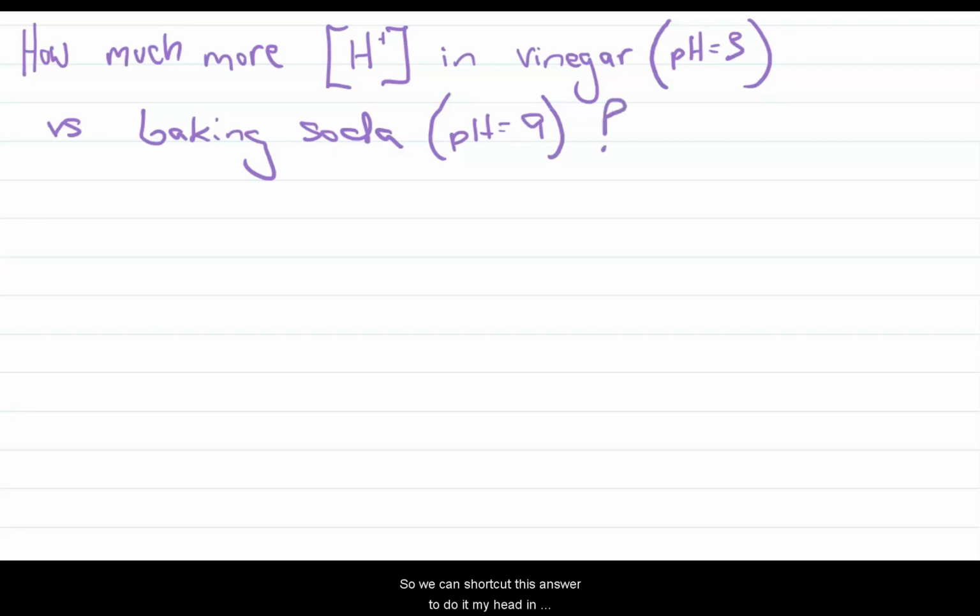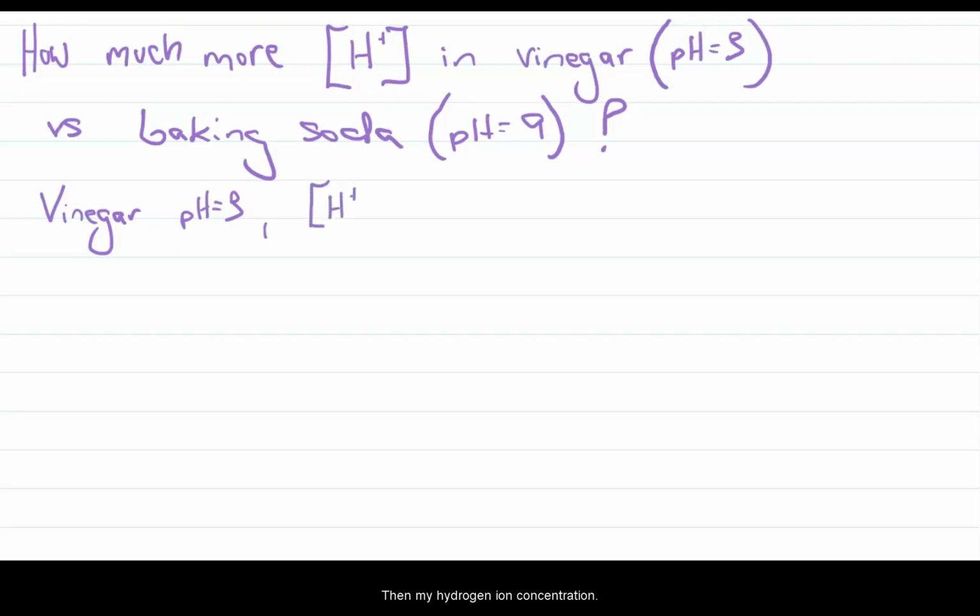All right, so we can shortcut this answer. I could do it in my head in about 3 seconds, but to show you how you get there, I'm going to go through the steps. So remember that the pH tells us the hydrogen ion concentration, right? So my vinegar, with its pH 3, has a hydrogen ion concentration of 10 to the negative 3.